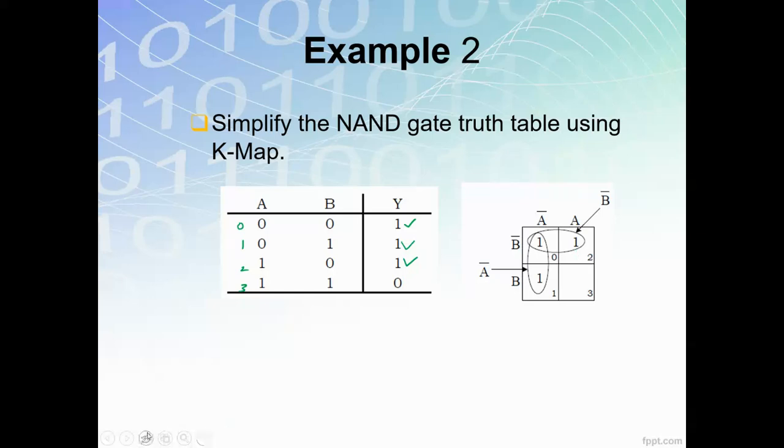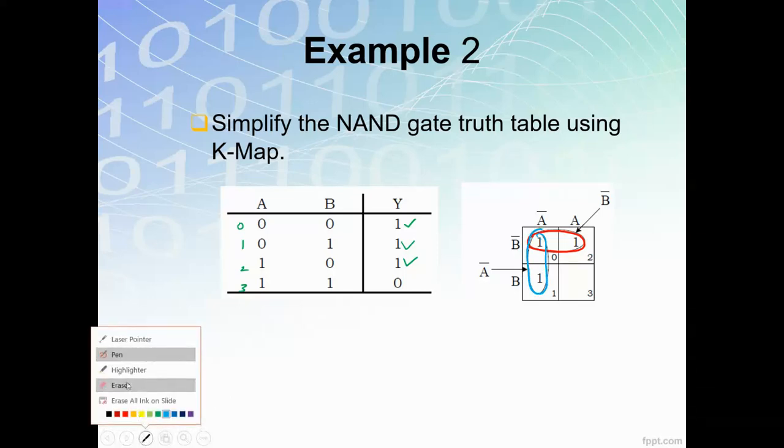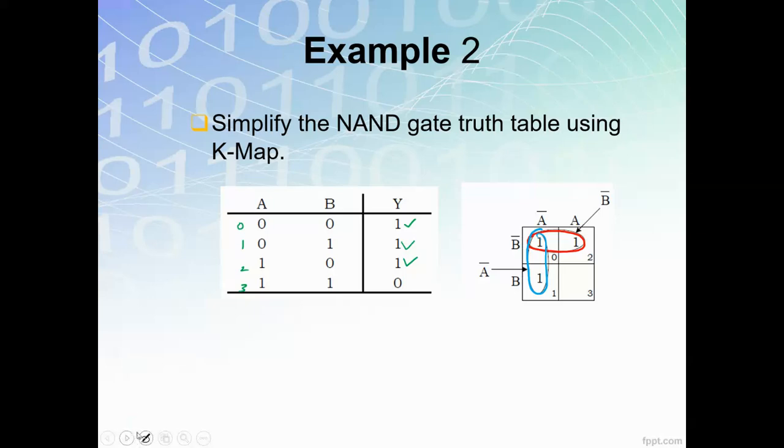So after you plot, then you draw the loops. So this is the horizontal loop, and this is the vertical loop.